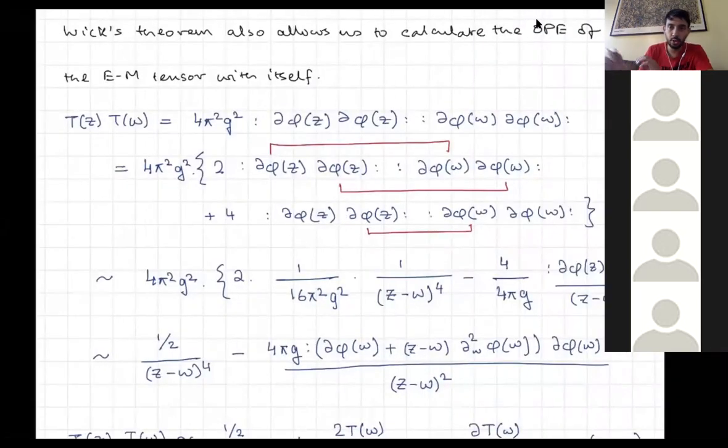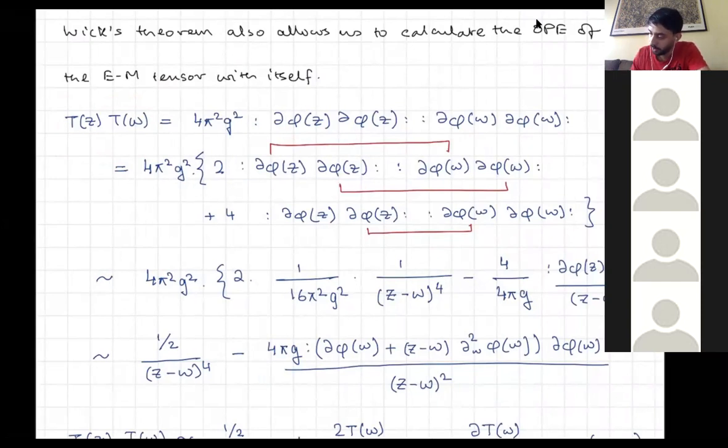So what I want to do quickly is show you how to do this next thing. This is a fun thing to do. So now you have T of z with T of omega, and so you have two del phis at z and two del phis at omega.